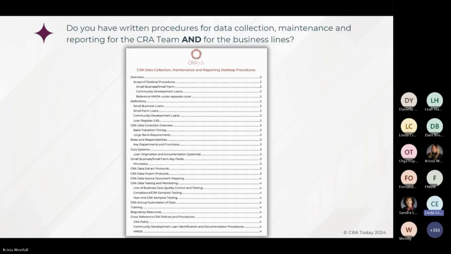So do you have written procedures, not only for CRA data collection and maintenance and reporting, but do the lines of businesses have desktop procedures? Do they have that written? Like for documentation, how do they differentiate on the gross annual revenue? Is there a field of information, right? And this is just fine print, of course, but is there a way that you can shore up your written policies and procedures around data integrity?